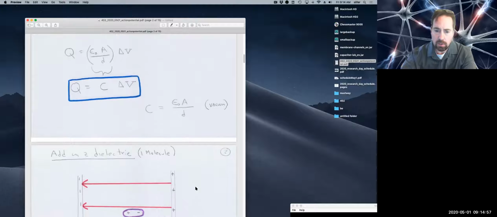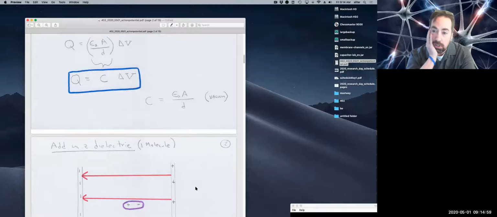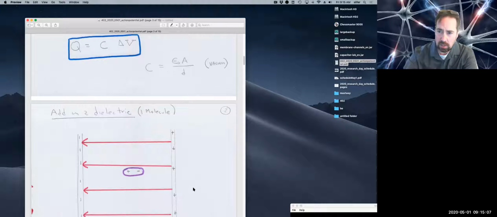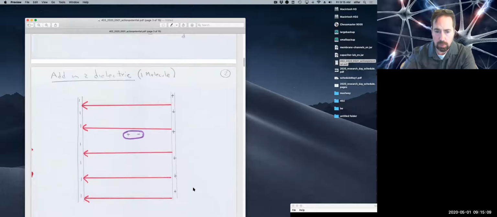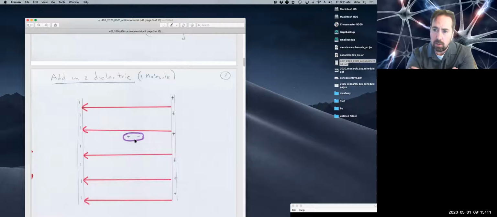Now, what I want to think about is what happens when I introduce a dielectric between the two parallel plates. For me, it's easier to start with a simple molecule. I take one molecule of a dielectric, and a dielectric just means an insulator, not a good conductor.